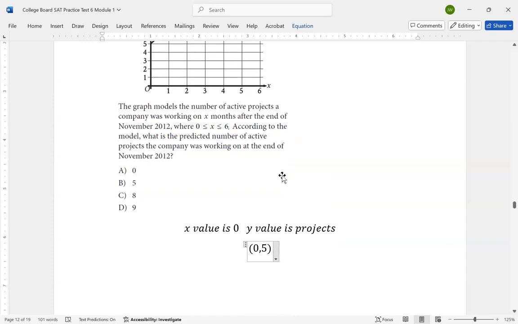That means that when we were in November of 2012, this company had 5 projects. So the answer is B, 5. So B is the answer to question 15. 5 projects at the end of 2012.